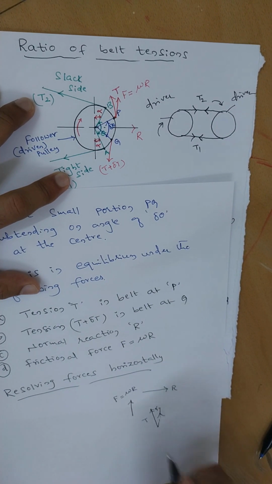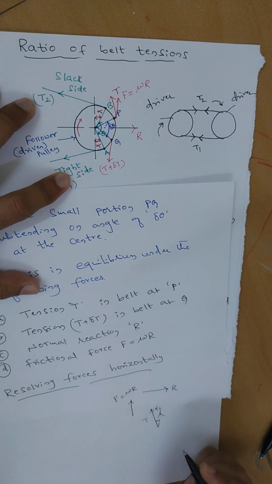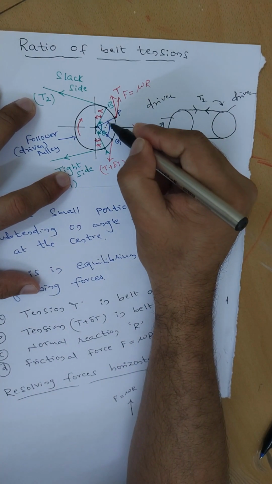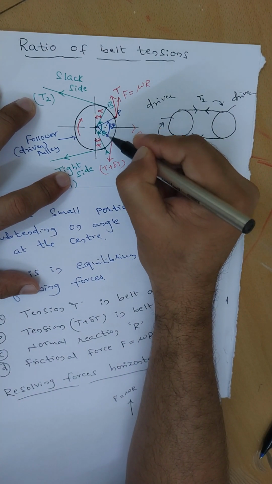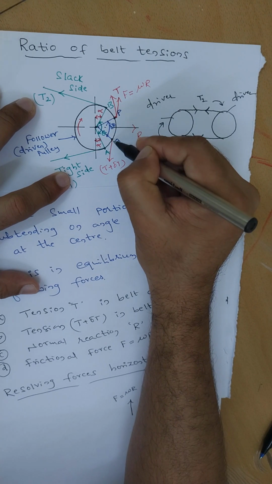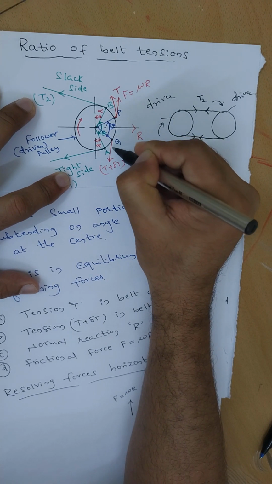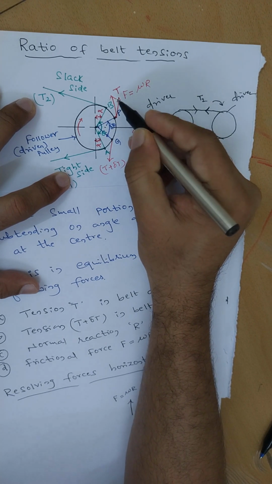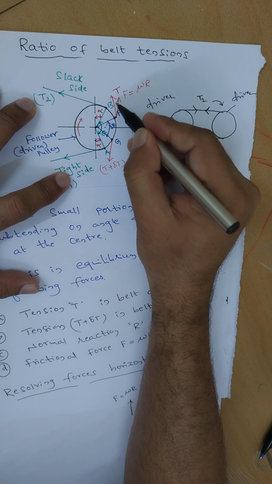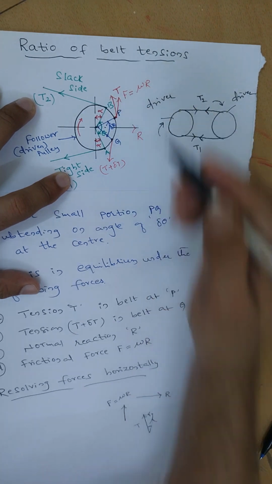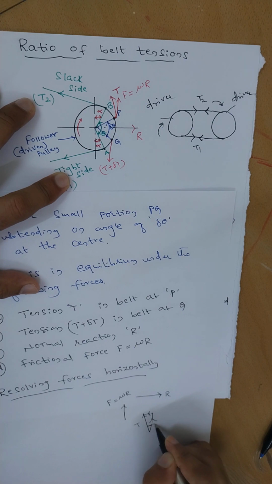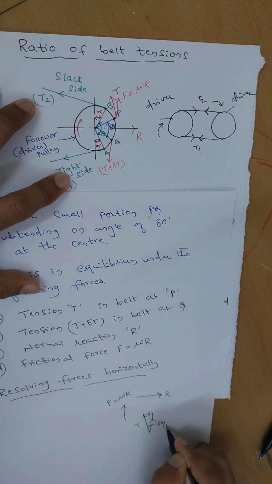What is the angle here? The full angle is d theta, so half is d theta by 2. Similarly here it makes an angle of d theta by 2, and with respect to the vertical also d theta by 2.